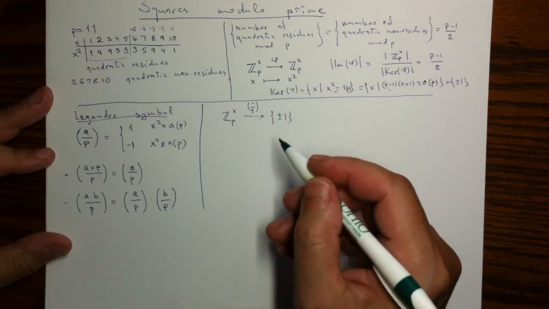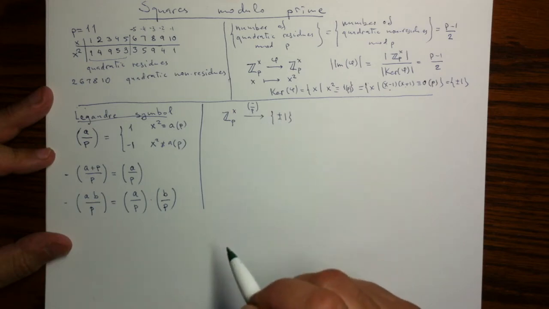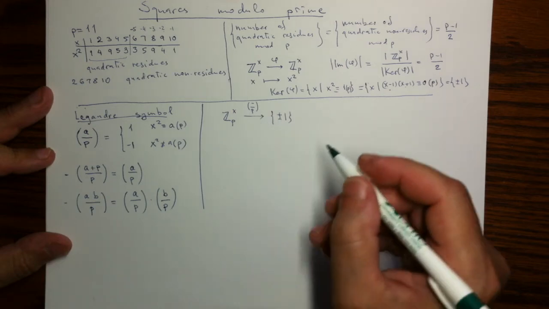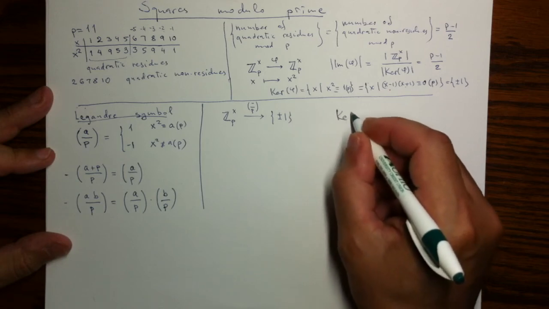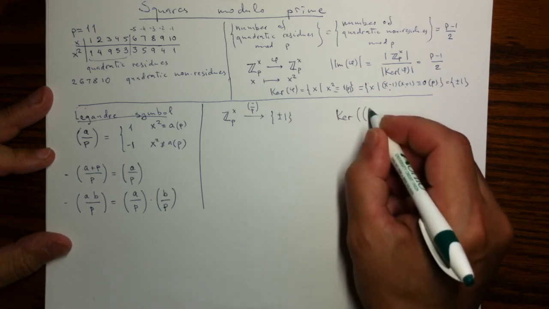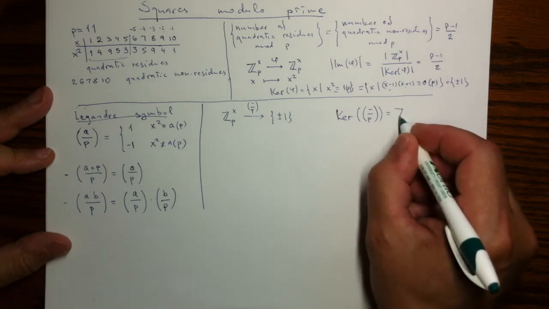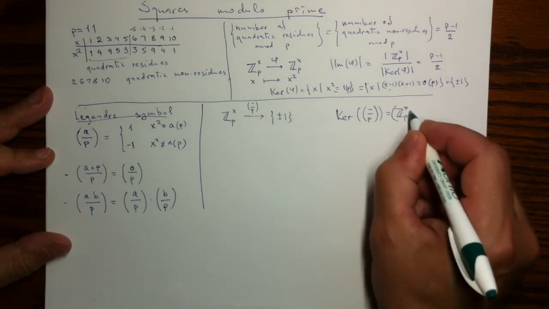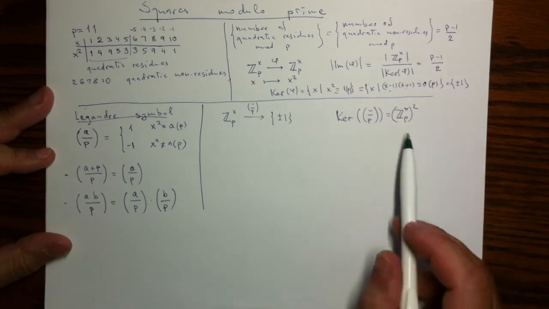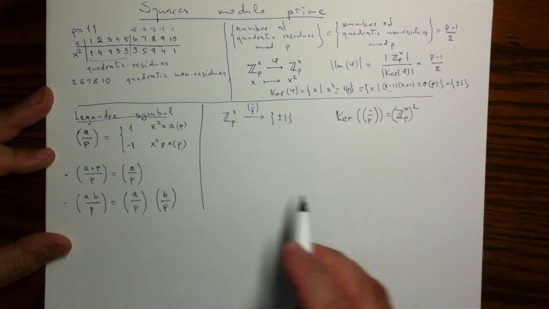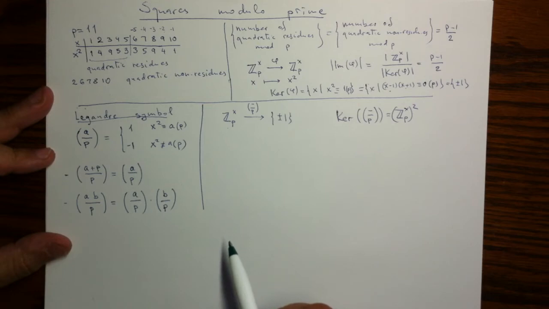And the kernel, by the definition of the symbol, is just all squares. So this is my notation for the subgroup of all squares inside the group of invertible integers modulo p.